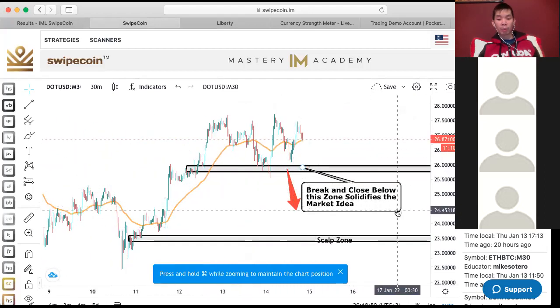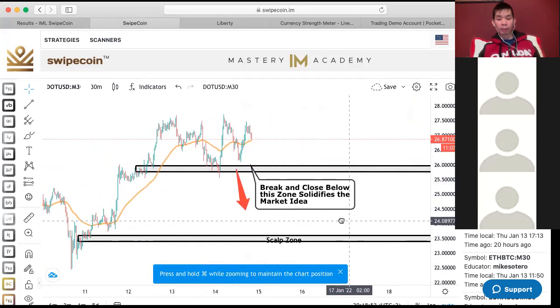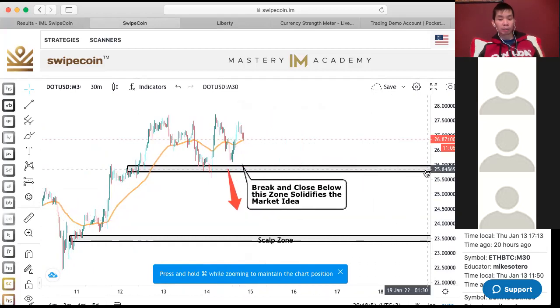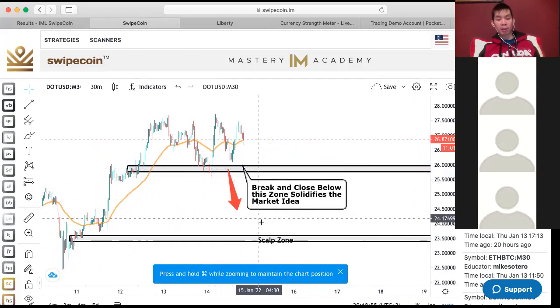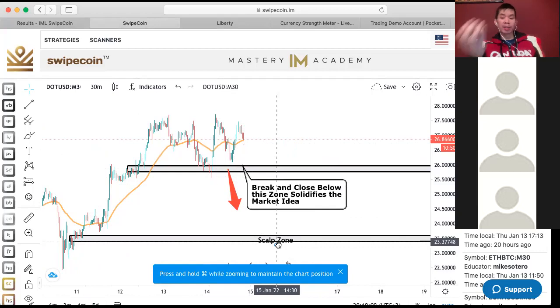So once it breaks this $26 zone here, they're expecting it to go down to about $23.30. Okay. A scalp zone means you're taking partial profits, right? As it keeps going down, you can take some of your money.